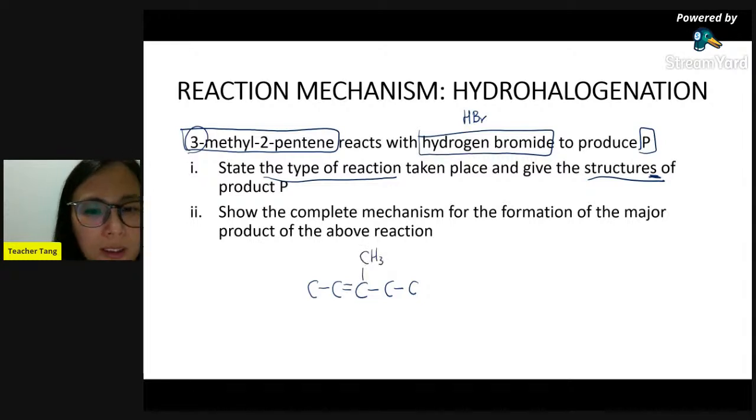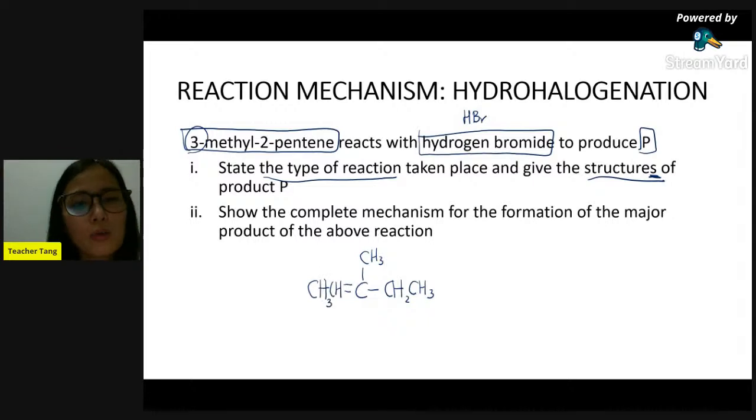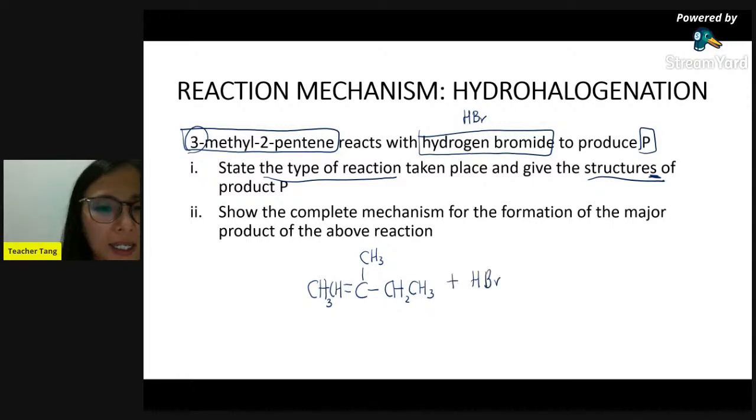Okay, so this is CH3, so CH2. So ini sudah 4, ini 3, so 1 H dekat sini. Okay, ini 3. So this is our 3-methyl-2-pentene. The question say react with HBr.